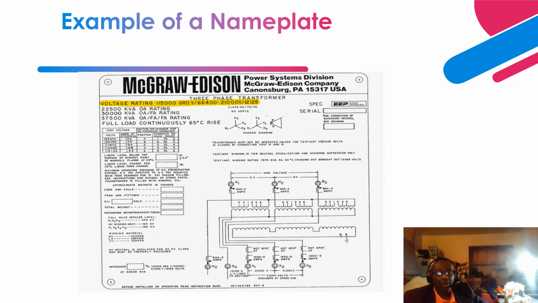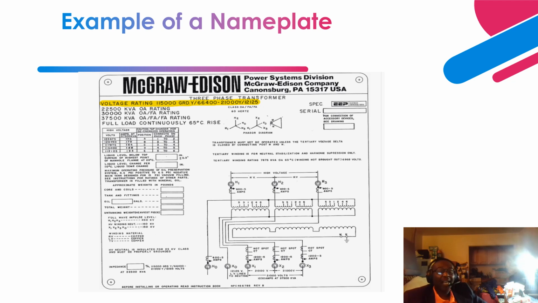The winding voltage, which is phase to ground, is 115 kV over root 3, which is 66.4 kV. So your high voltage winding is given in line to line and line to ground, or phase to ground, which is the winding voltage.